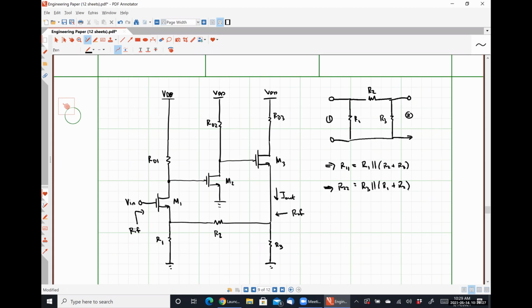To determine our feedback factor K, this is going to be a little harder than just doing it effectively by inspection. So what I'm going to say here is that we have some known current I out flowing through that node, and we are trying to determine this voltage right here, VF, right?